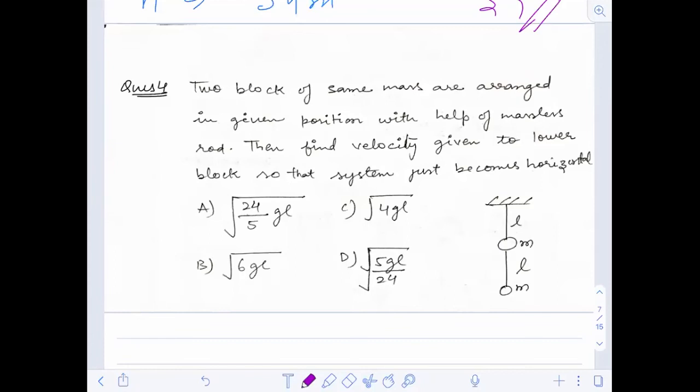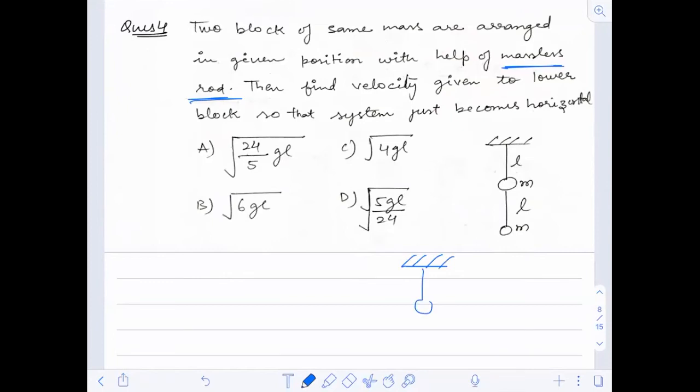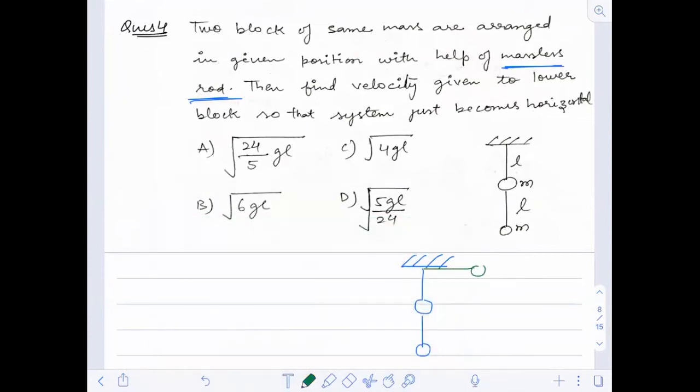They both have the same mass, arranged in the given position with the help of a massless rod. Then find the velocity given to the lower block, so that the system just becomes horizontal. So if the system becomes horizontal, the arrangement would look somewhat like this.